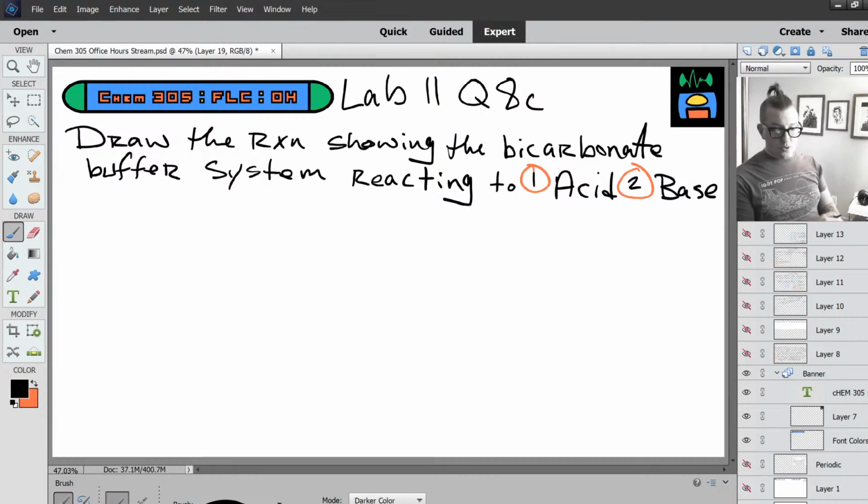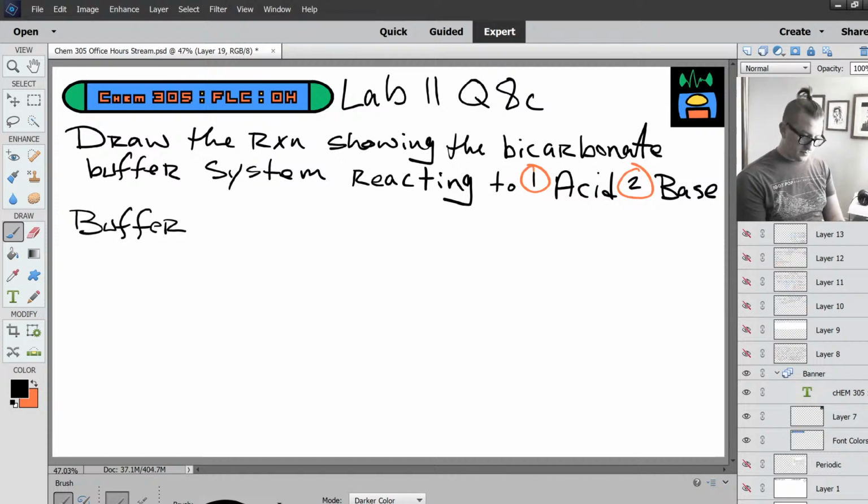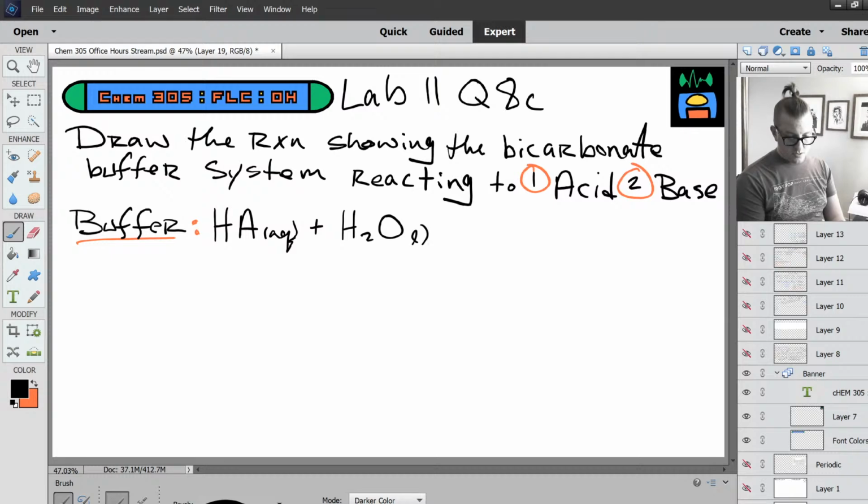All right, so here's the buffer. Every buffer system involves a weak acid, HA, and its conjugate base.